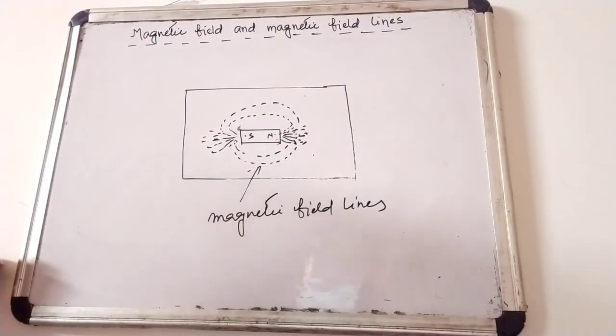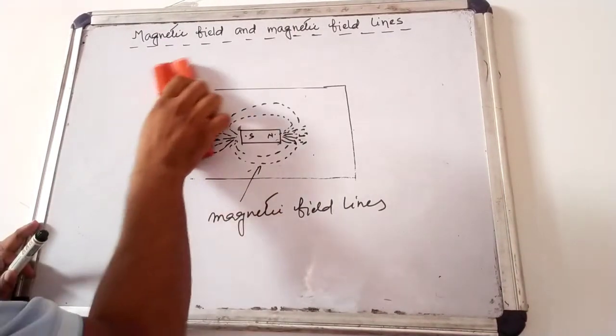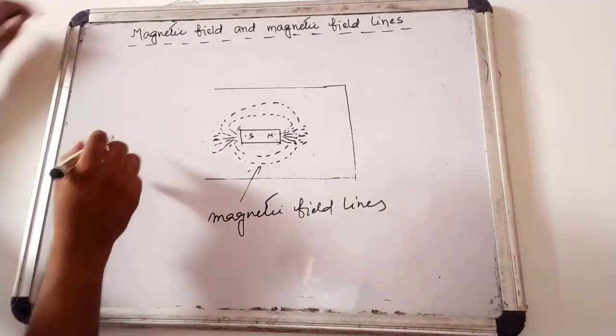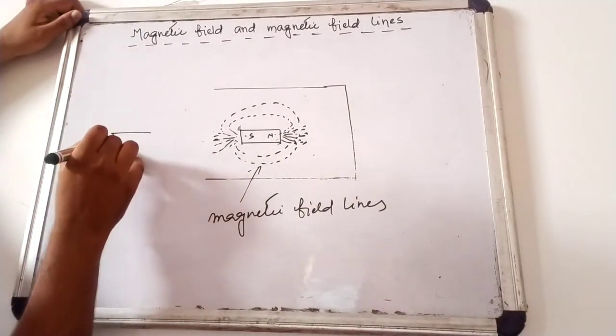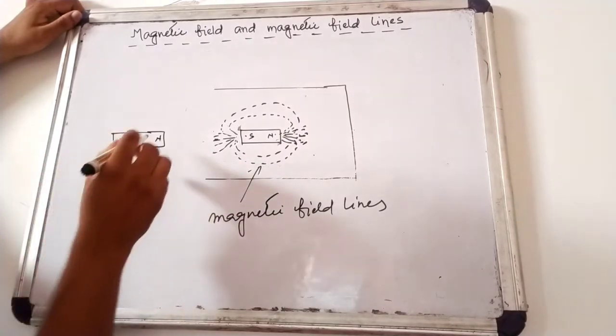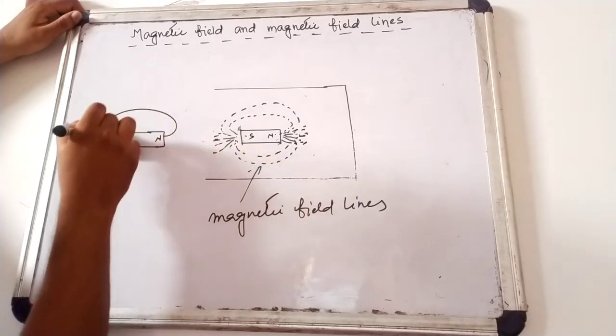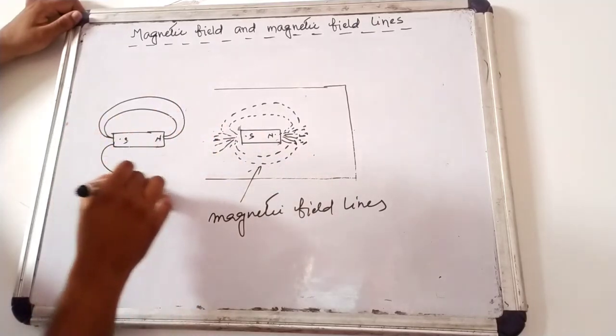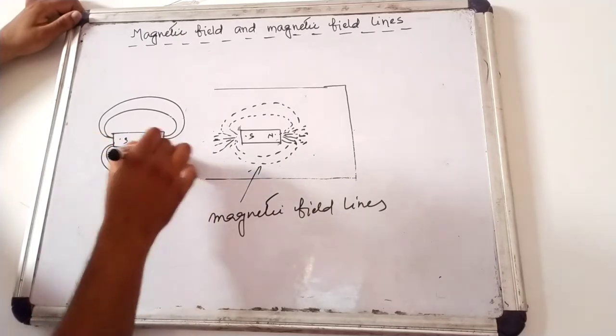Okay, these are called magnetic field lines. So if we draw it like this, north pole, south pole, our field lines will be like this, in this manner, or these iron filings will arrange themselves.